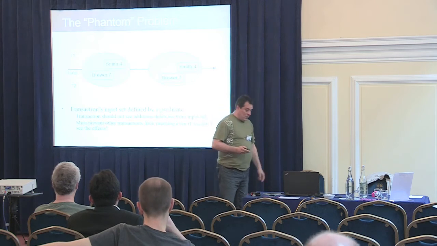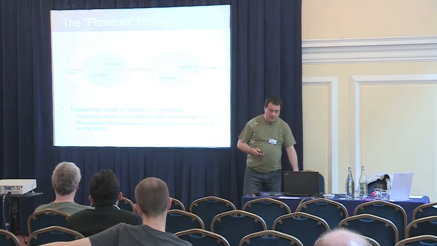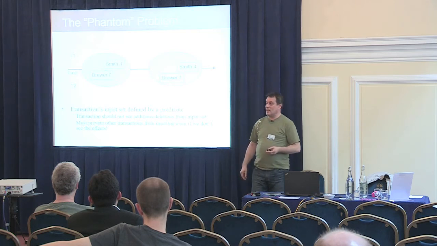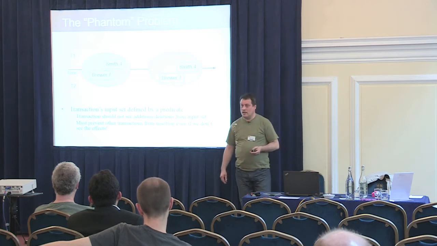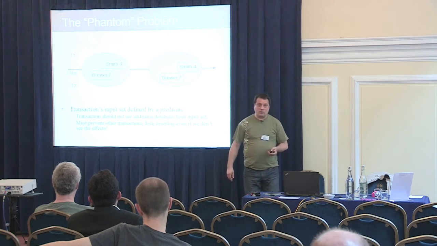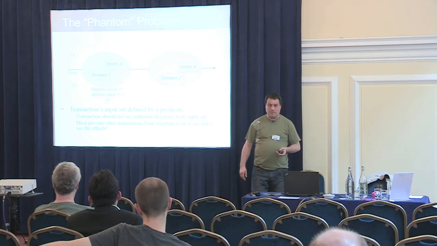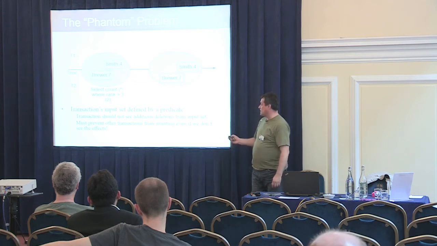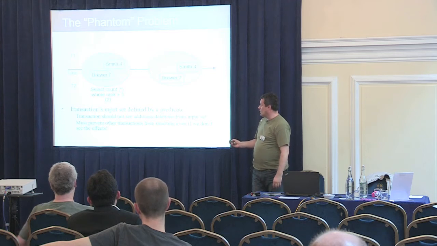And the phantom problem, this is somehow similar to repeatable read because we will read the same data twice. However, now we are reading a set of objects, a set of rows, for example, based on some predicate. So we have here maybe last name and some rank, and we are counting rows where rank is greater than 3.